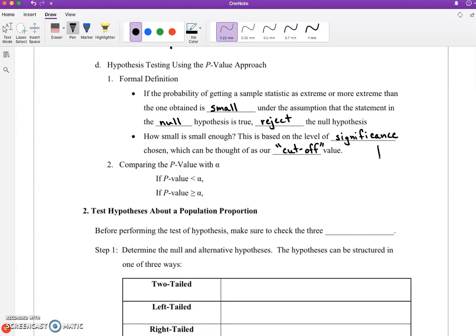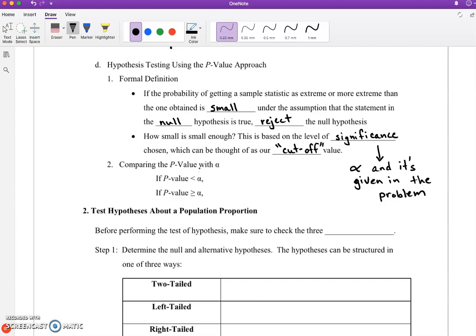So the level of significance is denoted alpha, and alpha is almost always given in the problem. So we always compare the p-value with alpha.